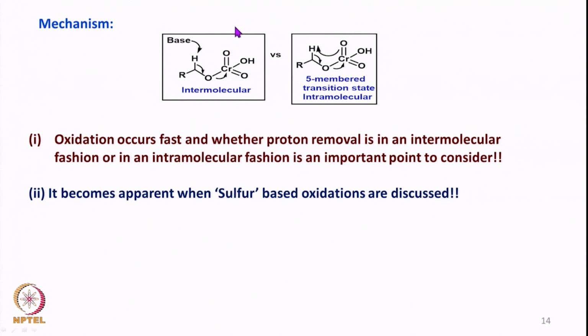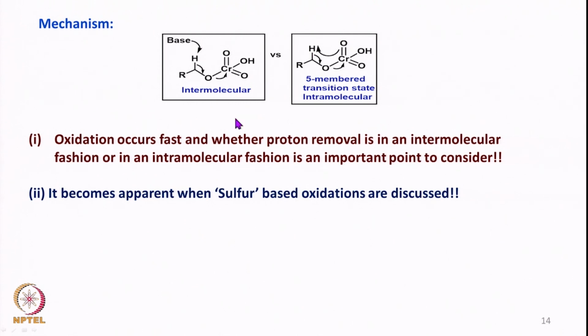Now the mechanism of this reaction, whether it is intermolecular like this, where a base like water takes up the proton in this particular fashion to release aldehyde, or whether it involves a 5-membered intramolecular transition state of this kind to remove the chromium species and release aldehyde, is something that needs to be debated.